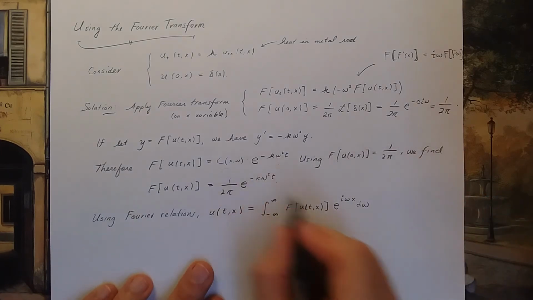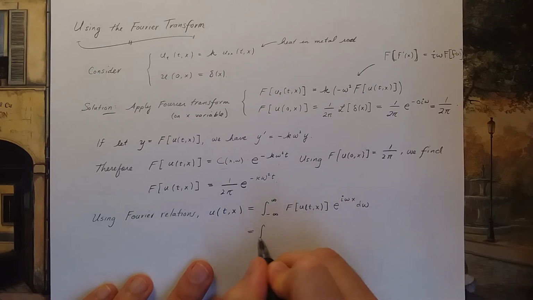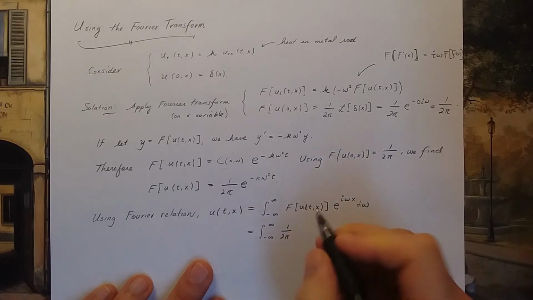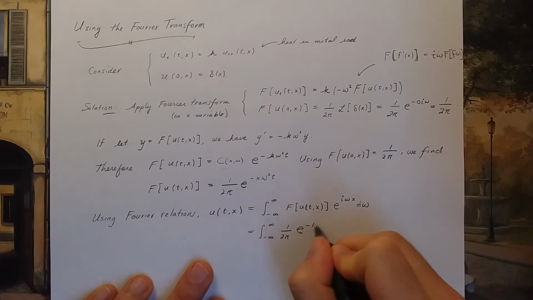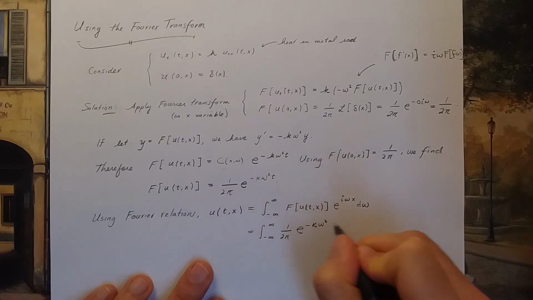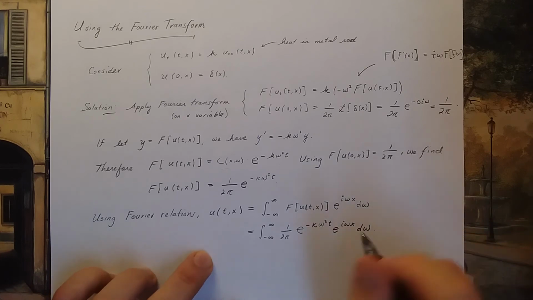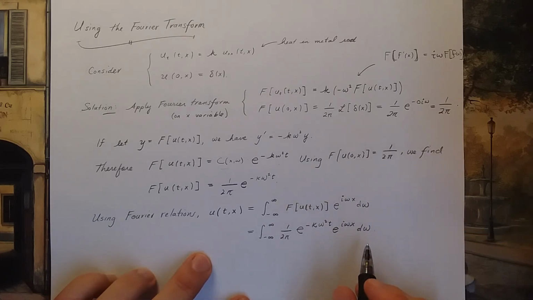I could plug in explicitly what I know, and I get 1 over 2 pi e to the negative k omega squared t times e to the i omega x, and then I can integrate with respect to omega.